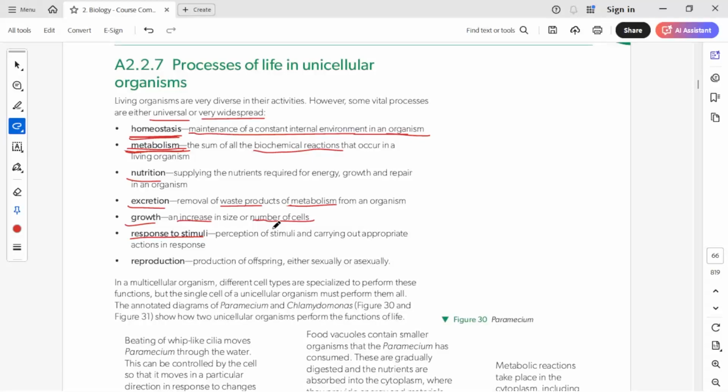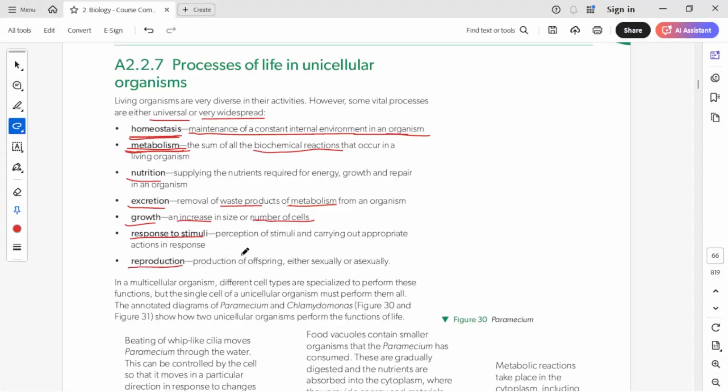If your hand touches something really hot, without you even knowing or taking time to remove the hand, the perception of the stimulus automatically removes your hand from that place. So that is response to a stimulus.